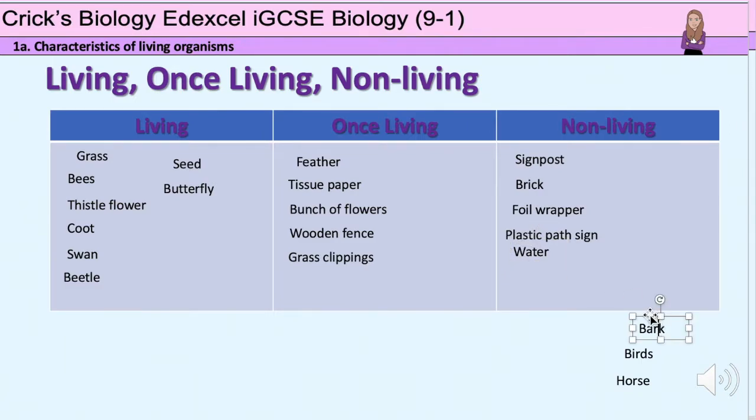The bark came off a tree, so it was once living. The birds singing in the trees, they were happy birds singing away, which was really nice to hear. The horse was swishing its tail and eating. It was living. So the characteristics a horse was showing was that it was feeding and it was moving.